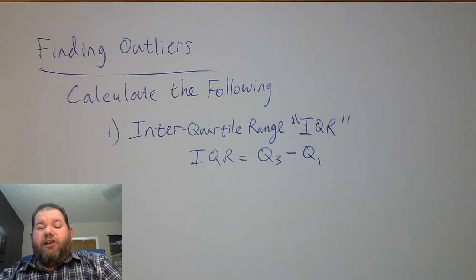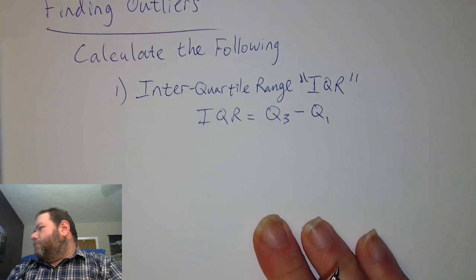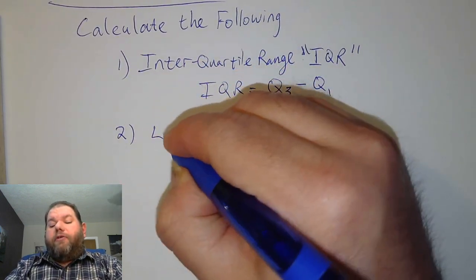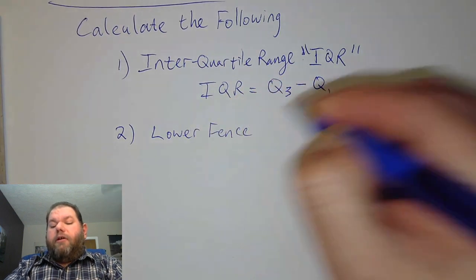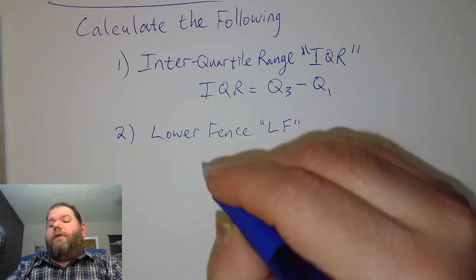So basically it's the range of values covered by the first and third quartiles. Second, we calculate what's called the lower fence, which I'll abbreviate as LF, appropriately enough.